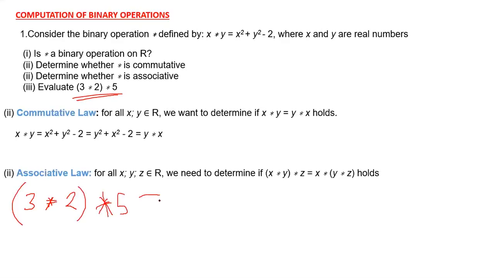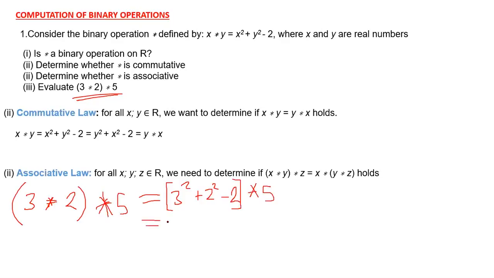So here what you start with is first what is in the brackets. So you write your 3 squared like that, then you say plus 2 squared, then you say minus 2. So you put them in brackets. Make sure that you put your star 5 outside there.